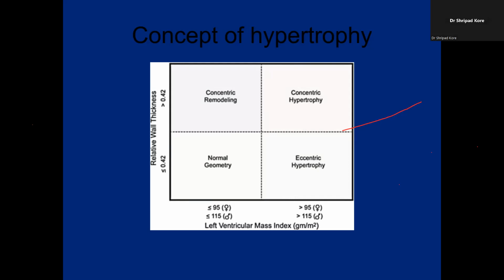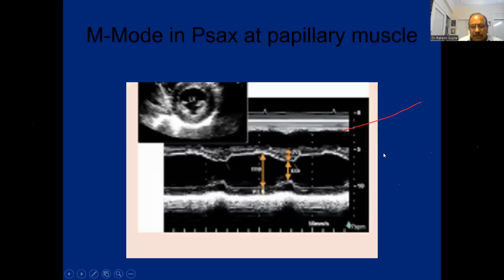Once you do this in this particular view, parasternal short axis papillary muscle, once you get this picture, you just start measuring from this point to this point, that's the interventricular septum. Then from this point to this point is left ventricular internal dimension during diastole. And then from this point to this point is posterior wall during diastole. Then go to systole, thickening of the interventricular septum during systole.